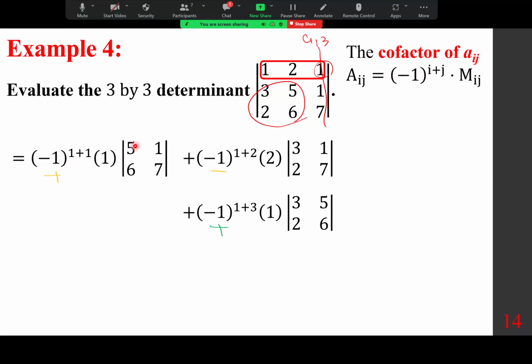So this is 5 times 7, 35, minus 6, 29, and we multiply it by 1. This is 3 times 7, 21, minus 2 times 1, 2, and that makes it 19.